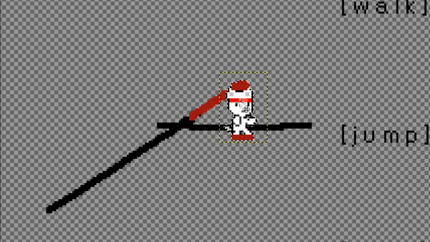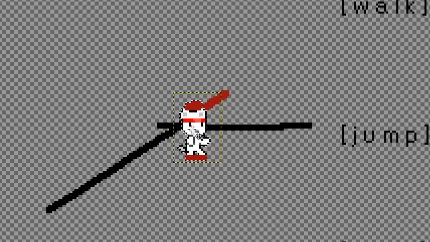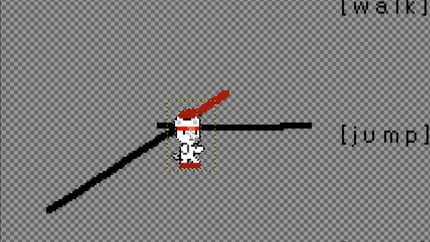Are we still on a slope? Once we add our dx, at this point we check: are we still on a slope? No, we're no longer on a slope. But are we on a platform? No, so we're going to fall down. That's why we need to limit our dx.